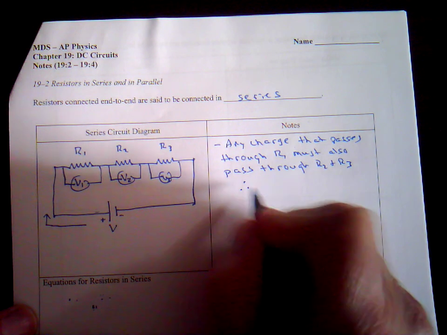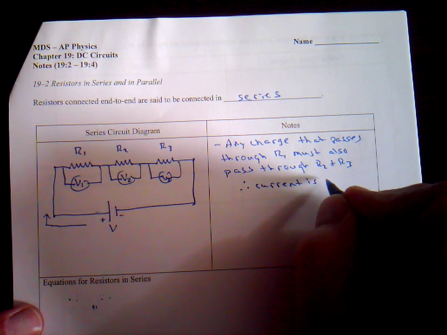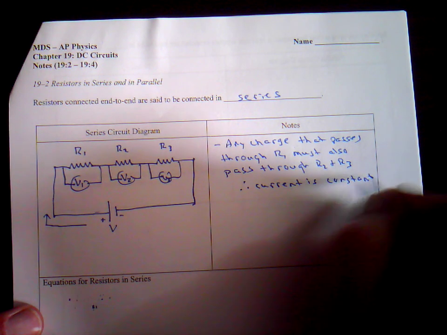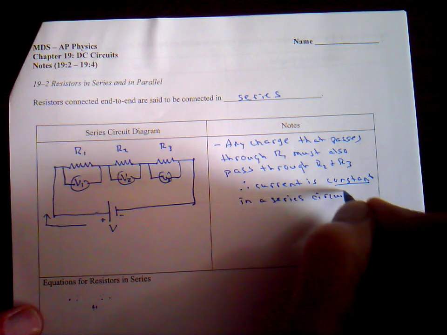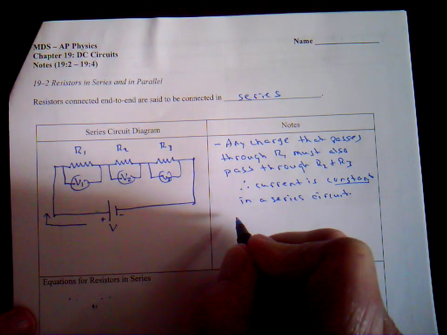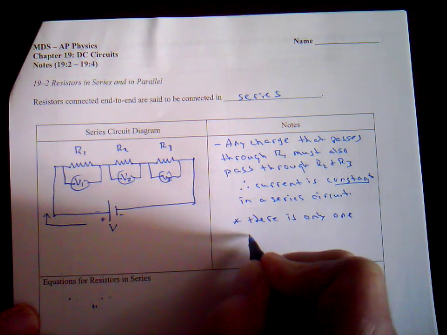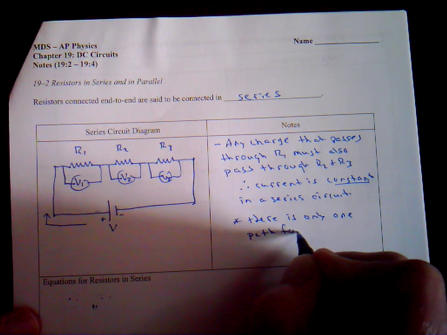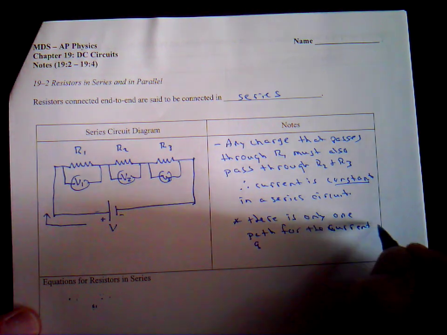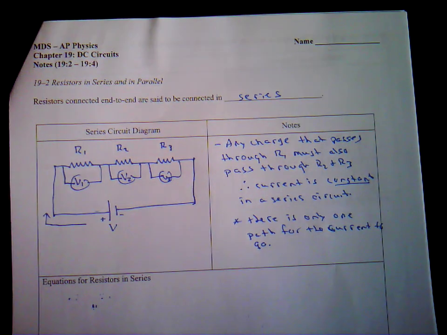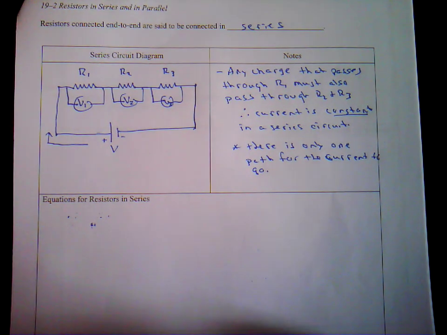Therefore, the current is constant in a series circuit because there's only one path for the current to go. So it's constant.